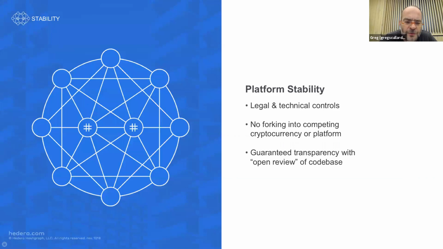The Hashgraph algorithm is patented, which I'm sure you all know. The patent will provide developers and companies confidence that the platform and cryptocurrency will not be forked by a divided community, which would create instability in market share and the development of applications on the network. We've seen this over and over again, only as recently as a few months ago.